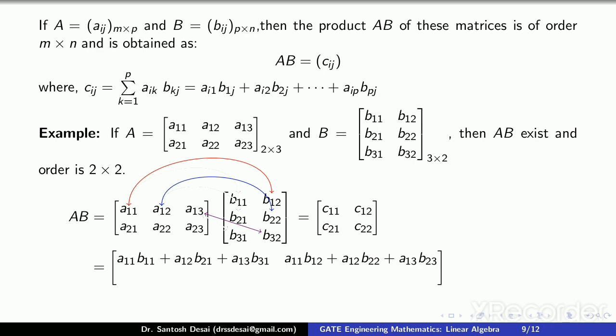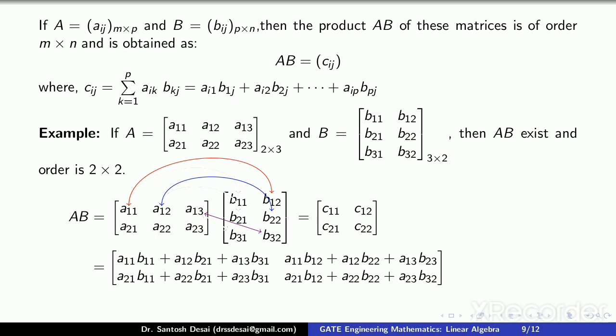So thus we get A21 B11 plus A22 B21 plus A23 B31, and the element C22 is obtained by multiplying corresponding elements of the second row of A and the second column of B. So thus we get A21 B12 plus A22 B22 plus A23 B32.